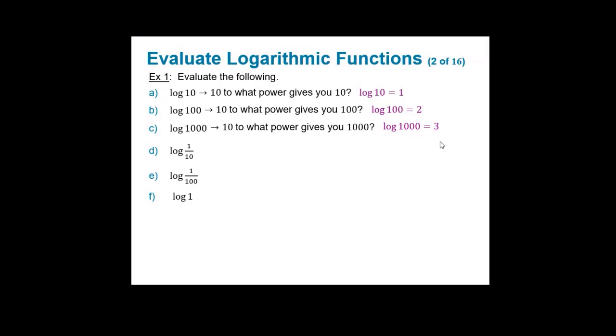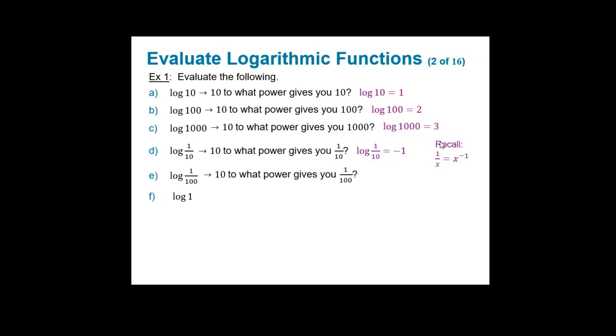Do y'all remember? Good, a negative, exactly. So just to recall, the exponent rule, 1 over x is the same thing as x to the negative 1. So if we're looking at 1/10, we want to know 10 to what power gives you 1/10? Negative 1, right? So that's why log of 1 over 10 equals negative 1.